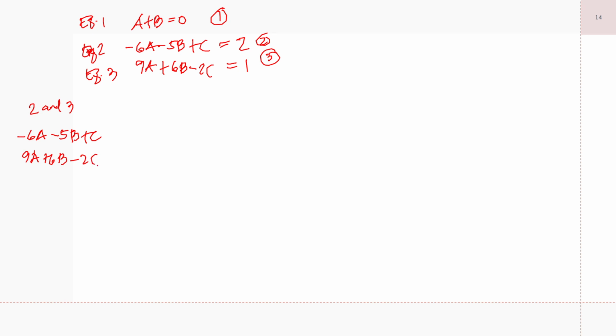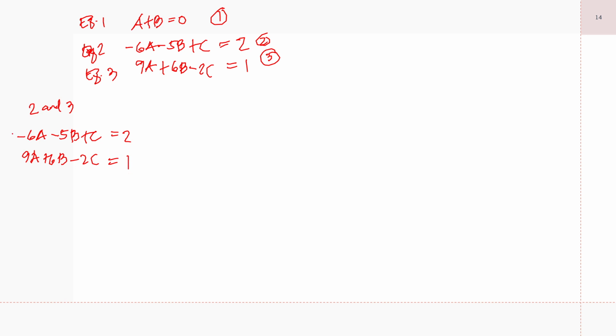And equation 3 is 9a plus 6b minus 2c is equal to 1. So let's start first with equations 2 and 3: negative 6a minus 5b plus c, and 9a plus 6b minus 2c, equated to 2 and 1.